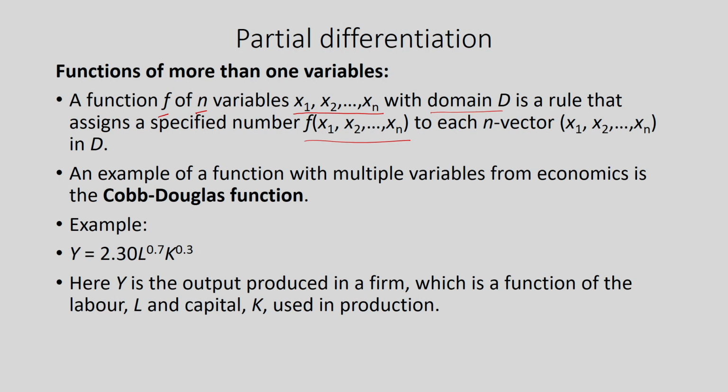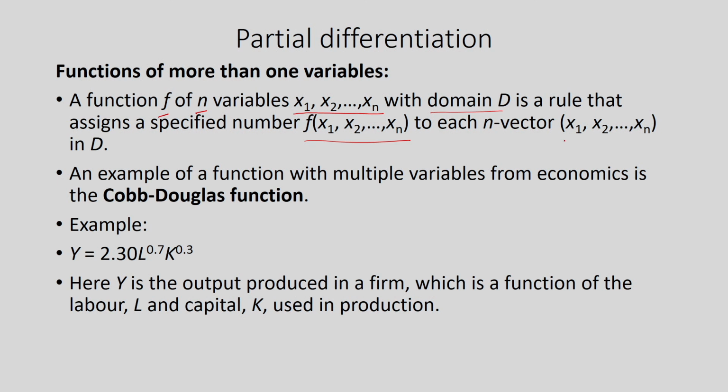Here, instead of one independent variable, you have n number of independent variables. So, you have a particular vector x 1, x 2, dot dot, x n. With respect to this particular vector, you get a value of the dependent variable, which we are denoting as f of x 1, x 2, dot dot, x n.